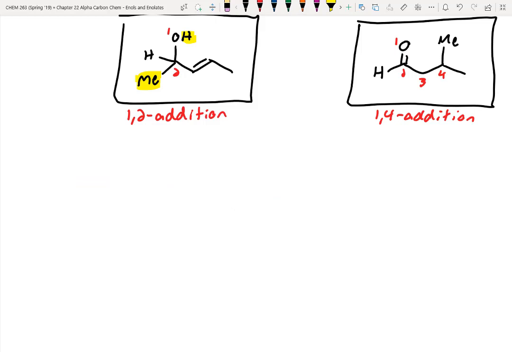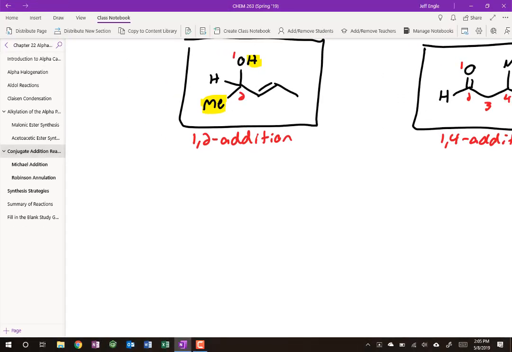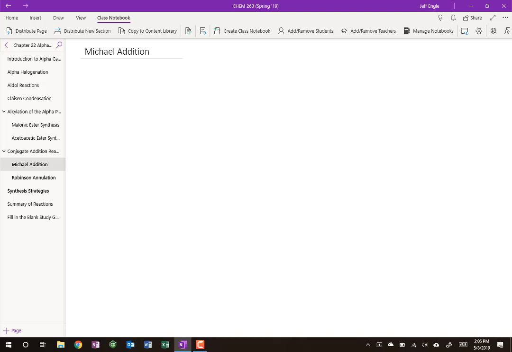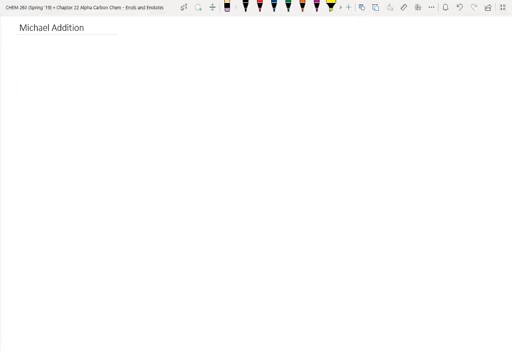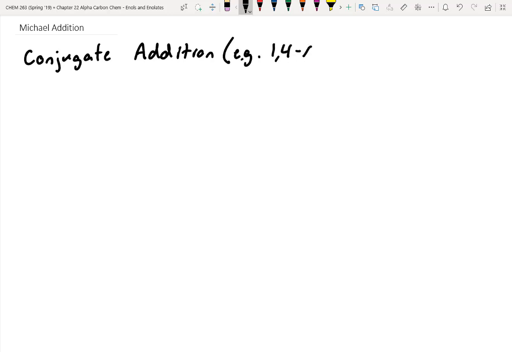All right. So now let's think about this using some other nucleophiles. The first one I want to talk about is simply referred to as the Michael addition. So we can favor conjugate addition, we said, by having some sort of stabilized or weak nucleophile.